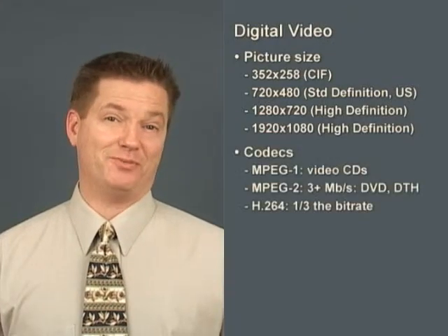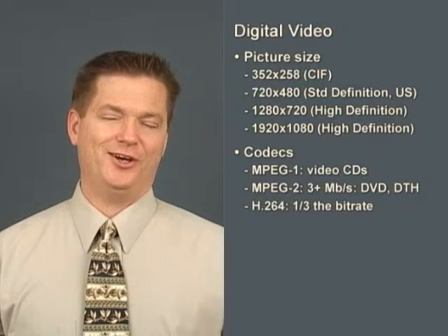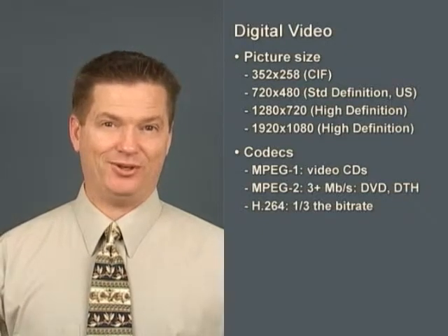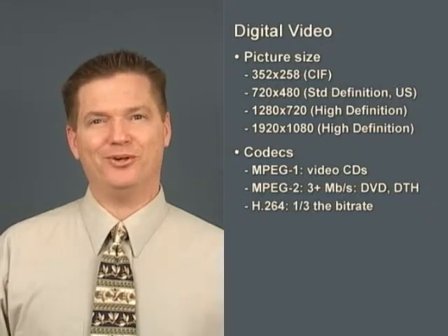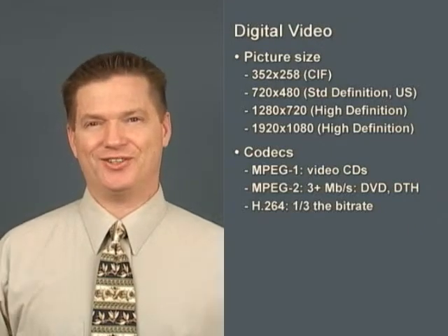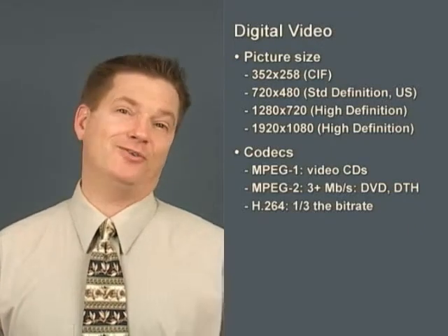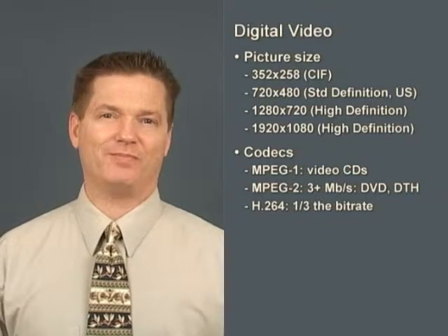Another factor is compression. In other words, reducing the number of bits per second that come out of the camera to some manageable number that we could store on a disk or on a tape or on a hard drive or transmit over a network.